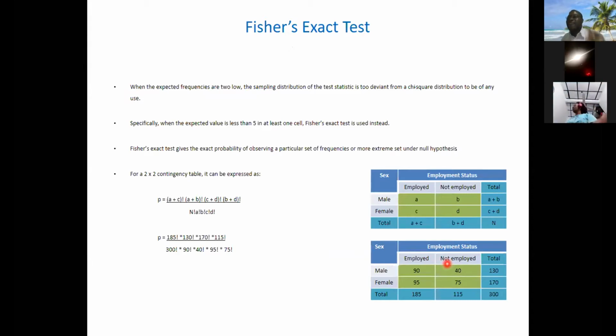But if it is less than 5 in one cell here, because one cell is 25%, it's more than 20%, violated. But if, let's say, you see 6 cells, like a 2 by 3 table, and the expected count is less than 5 in one cell, the one cell out of 6 is 16.7%. It's not up to 20%. It's still okay. It is when it is 2 out of 6, which is 33.3%, that it is more than 20%.